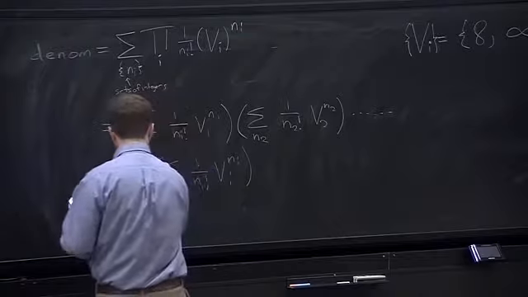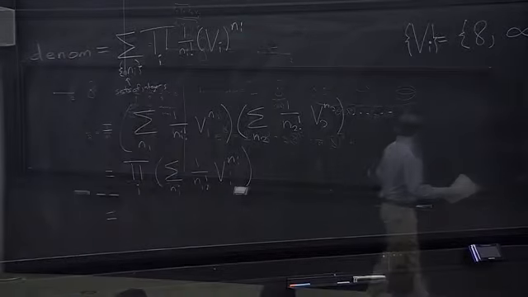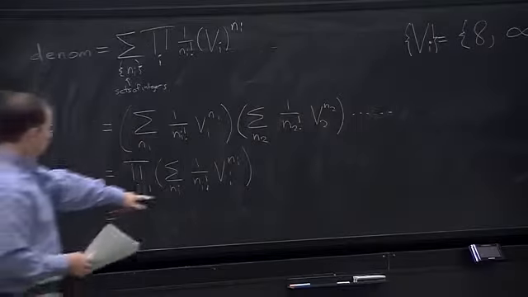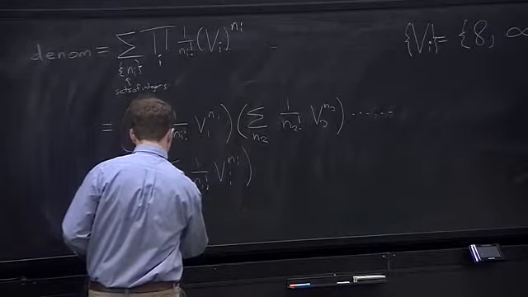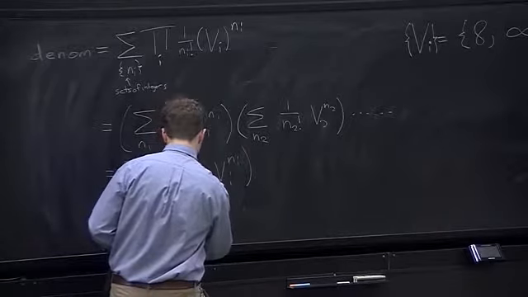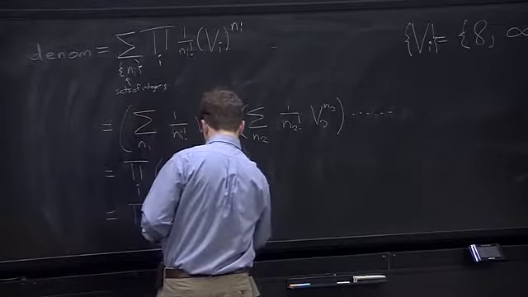which now we can see why we got this result here. This is just the exponential of, this factor in parentheses is just the exponential of vi.